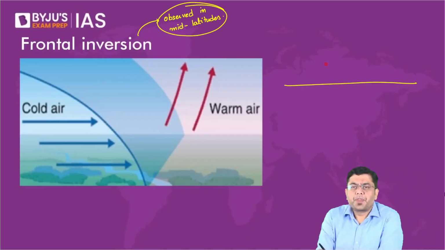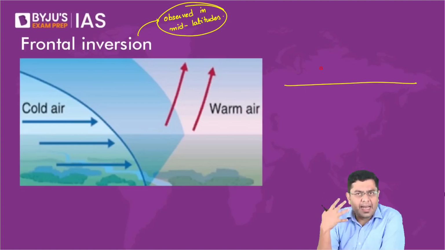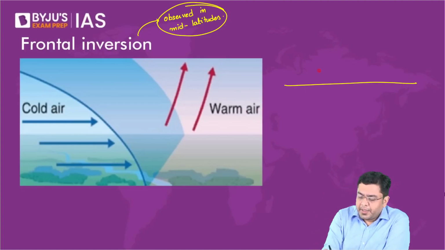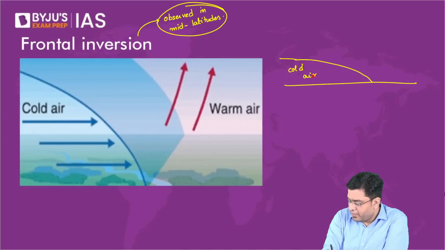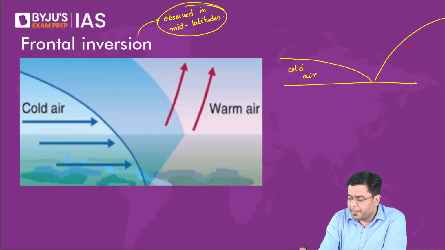Mid latitudes basically means around 40 to 60 degrees latitude. Now, here from one side, you have the cold polar air, very cold air. And from the other side, you have, let's say, the presence of warm air.